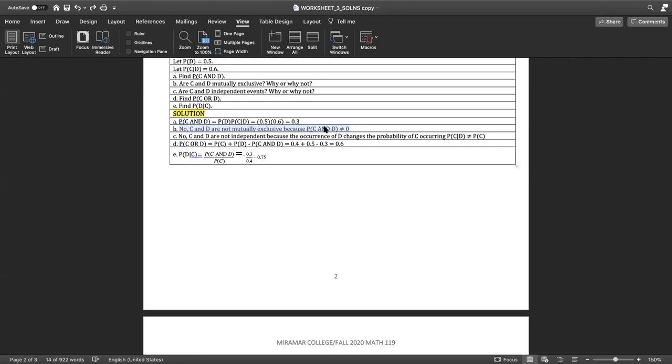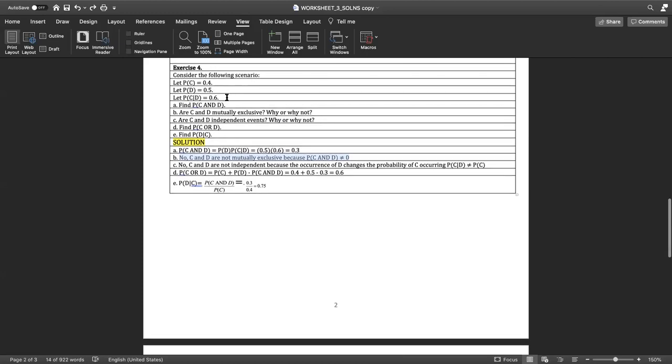Their intersection has positive probability here. In fact, it has probability 0.3, right? Furthermore, they're not independent in part C here because we're told that the probability of C given D in the scenario is 0.6. That's different from the probability of C, okay? So they're not independent.